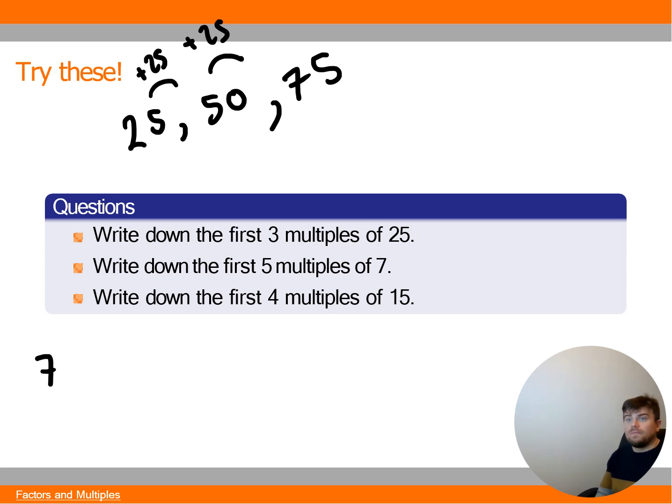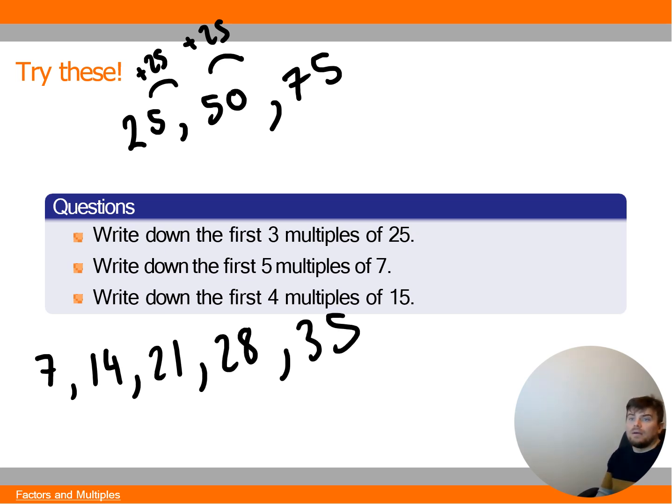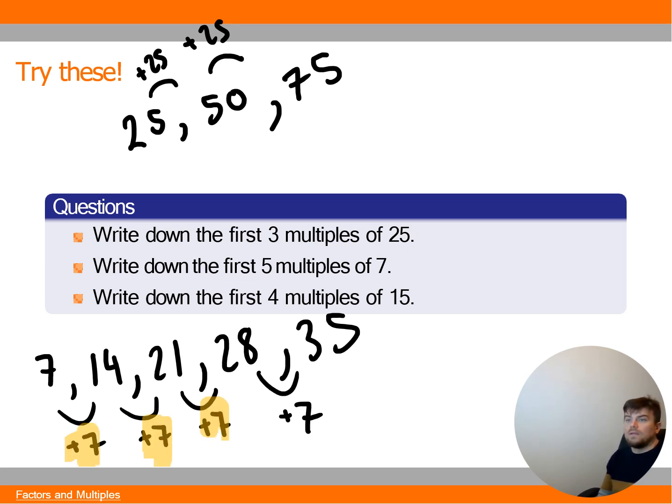So we've got 7, we've got 14, we've got 21, we've got 28, and we've got 35. And we're adding 7 each time.